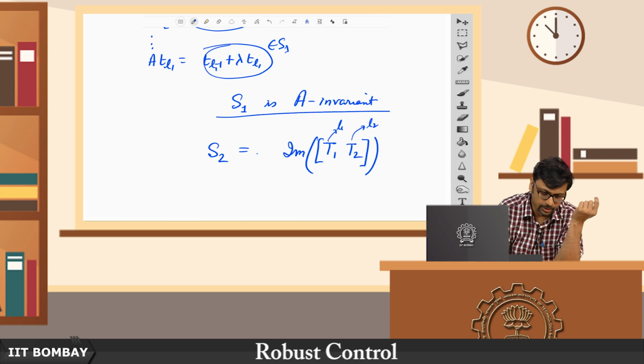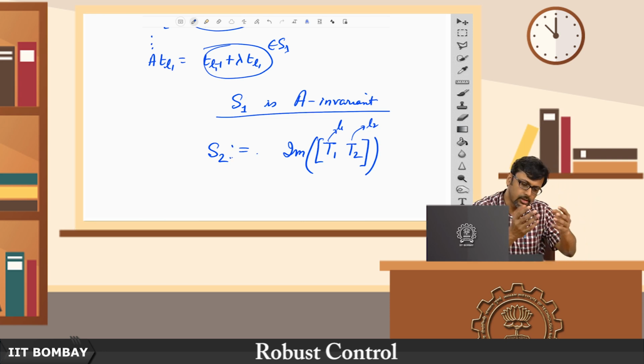If you define your S2 to be this, then you will see that S2 is also A invariant. So we have the rudimentary blocks S1, S2, S3; like this, you can keep appending.